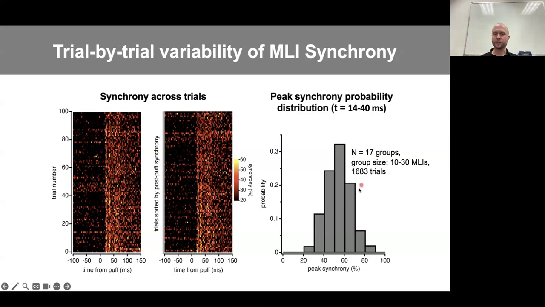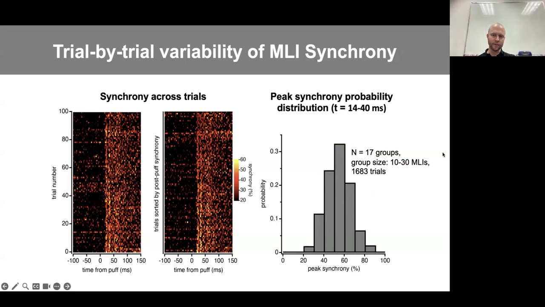Right? Some trials, there's 60 to 70% synchrony. And so what's really cool here is, we're actually able to measure gradations in the amount of synchrony, right? It's no longer a binary thing. And that's because we're recording from many neurons at once.